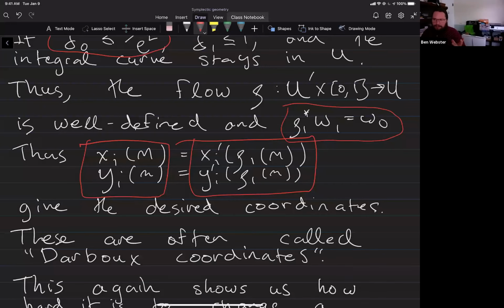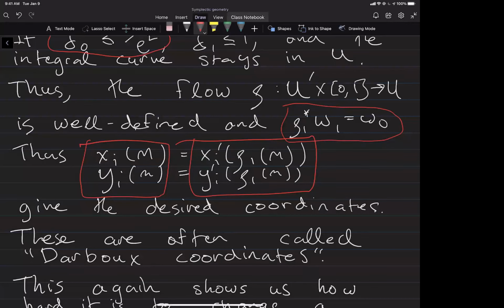It sort of says, oh, you didn't have the right thing yet? Okay, well, let me tell you which direction you need to change coordinates by to get closer and closer to the actual form you want. All right, so that finishes the proof. Are there any questions?